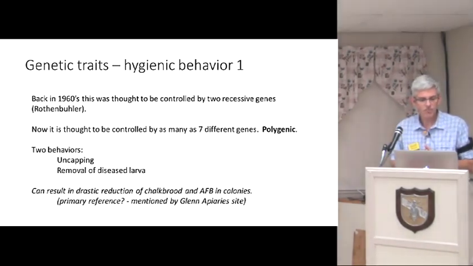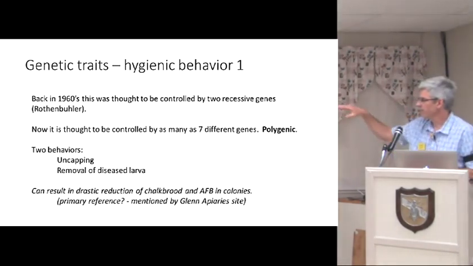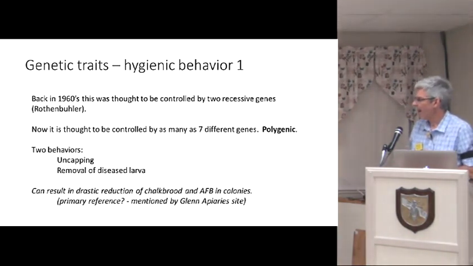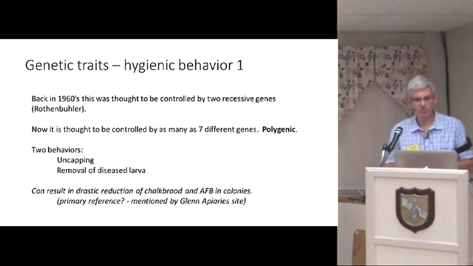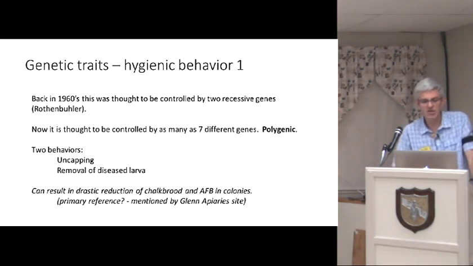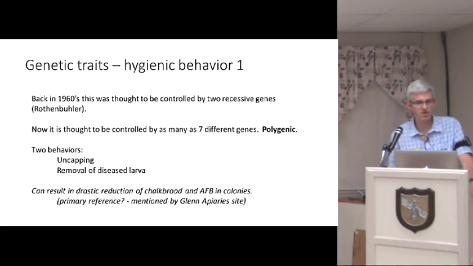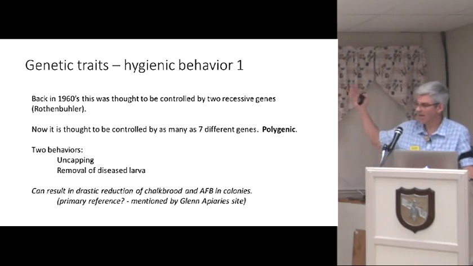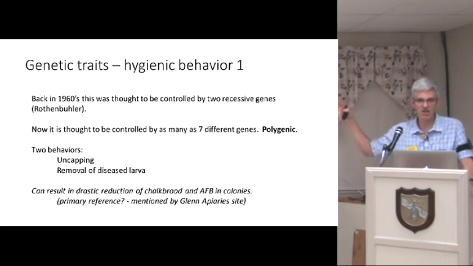I wasn't able to find a primary reference for the actual amount of reduction of chalkbrood, for example, but that's one. And so over the years, you would hope that our suppliers of queens, from Georgia or California, would be really paying the money to start to get some of these good genetics into the queens that they're selling, and they're not giving them away.